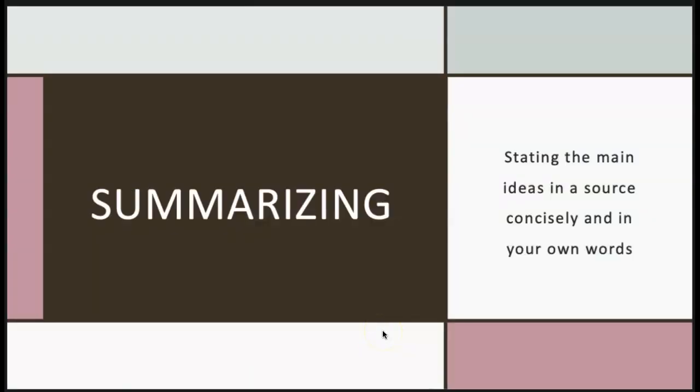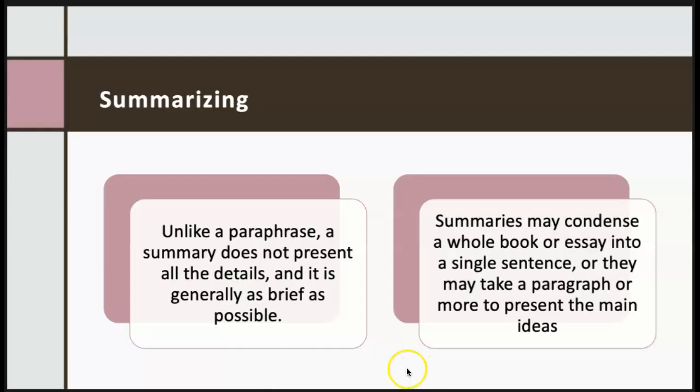Summarizing: stating the main ideas in a source concisely and in your own words. Unlike the paraphrase, the summary does not present all the details. It is as brief as possible. It's condensing a chunk of information down to a smaller form.